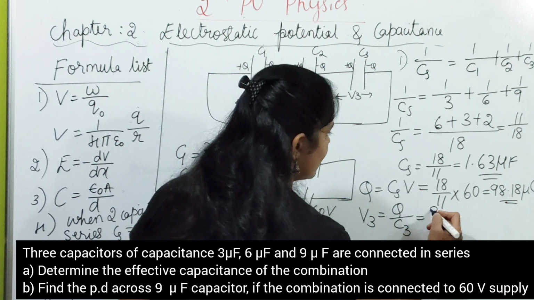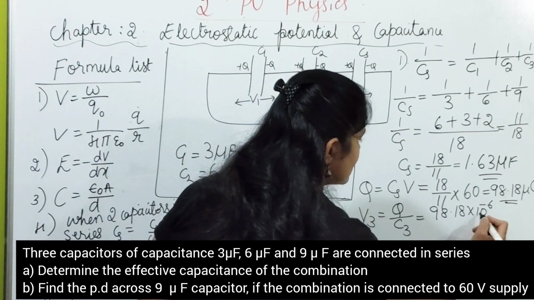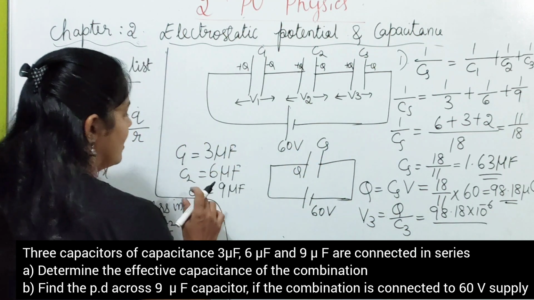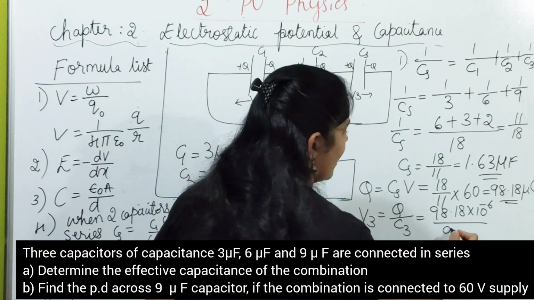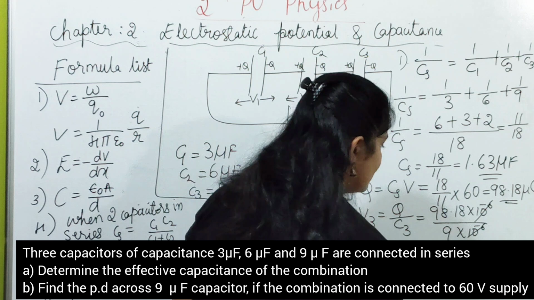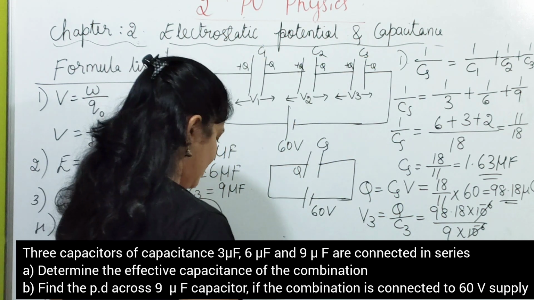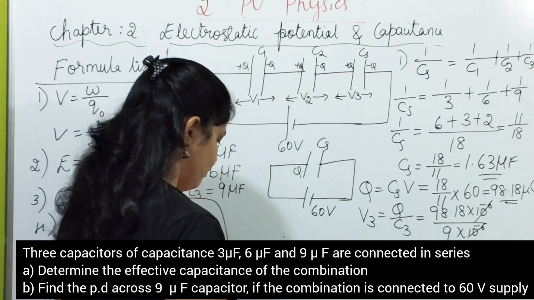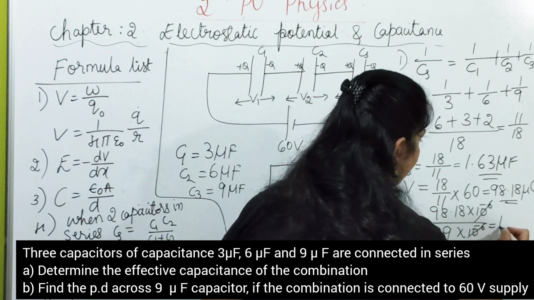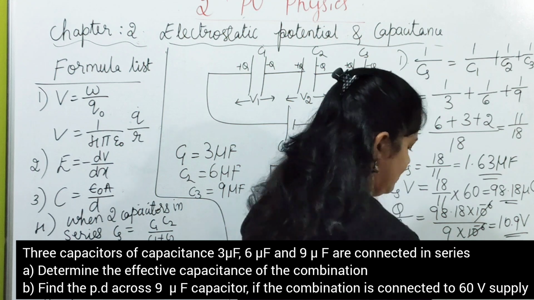Q is 98.18 microcoulomb, that is 10 power minus 6, divided by C3 which is 9 into 10 power minus 6. See, micro cancels. Now let us divide 98.18 by 9, which gives 10.9. 10.9 volt is the answer.